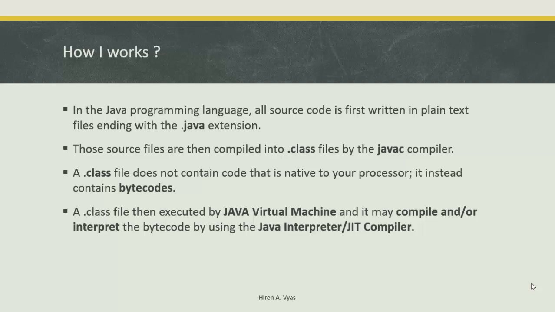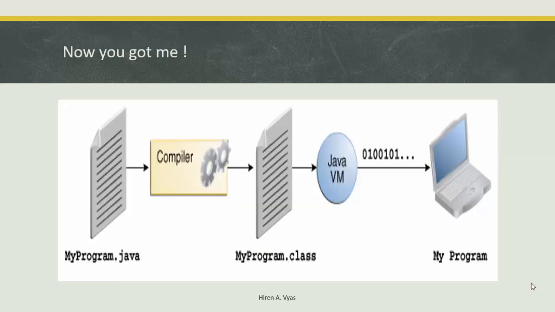So on demand it will use either the Java interpreter or a compiler. So first your program is compiled by the javac compiler, it will generate the bytecode in the class file, then the Java Virtual Machine will execute this code. So this is the whole procedure.